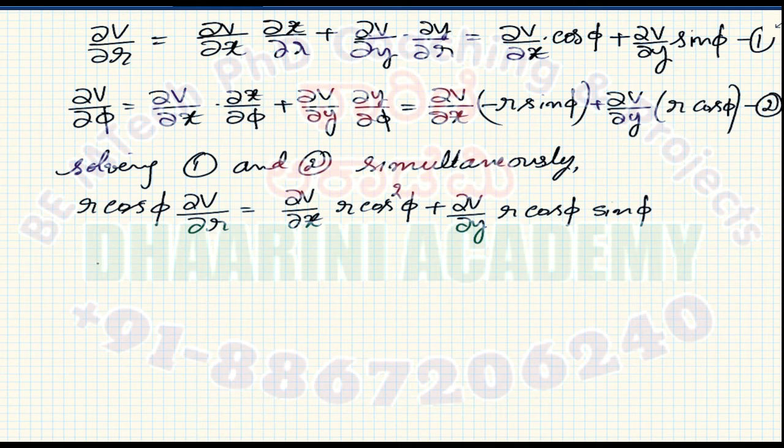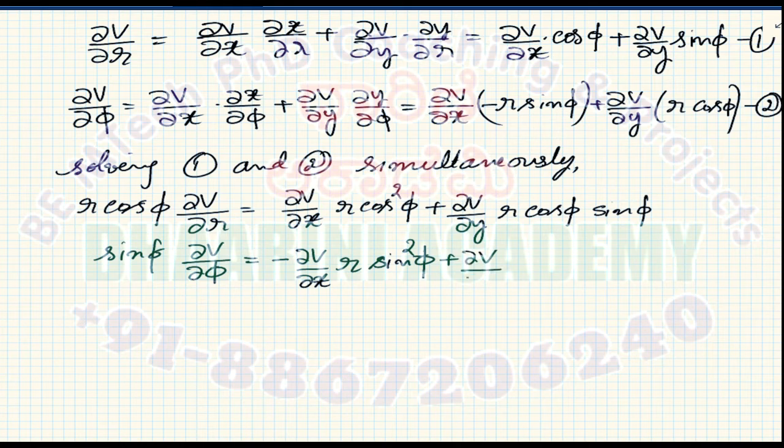That gives sin phi into dou v by dou phi, that is equal to, multiplying by sin phi, minus dou v by dou x into r sin square phi, plus dou v by dou y into r cos phi into sin phi.